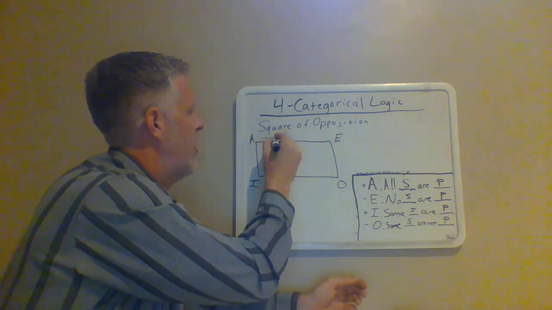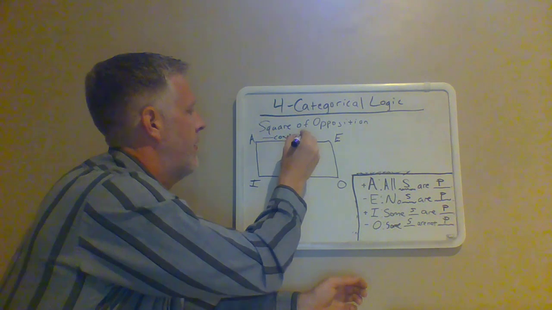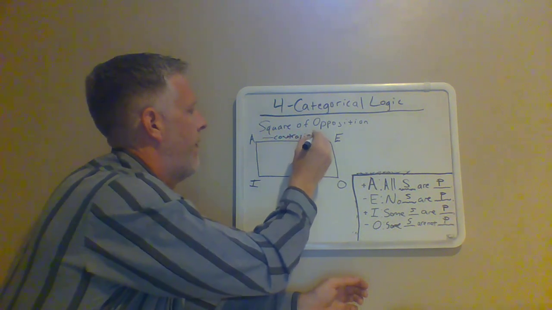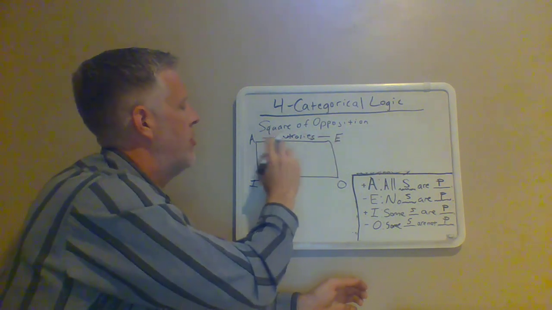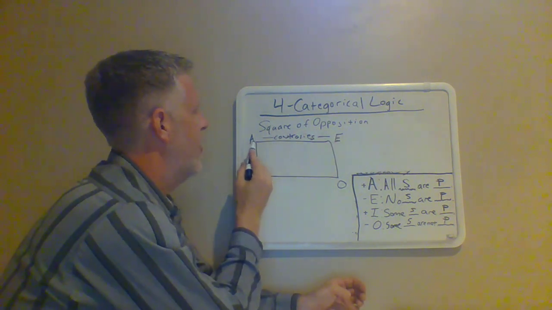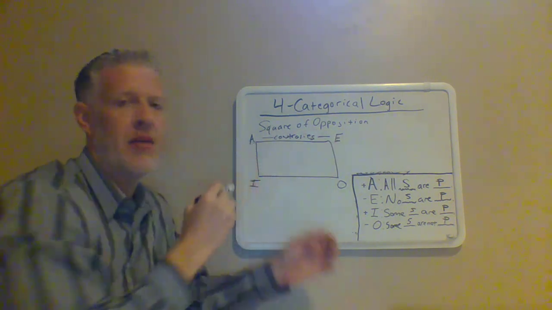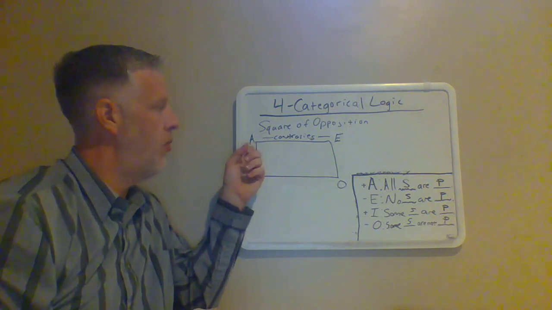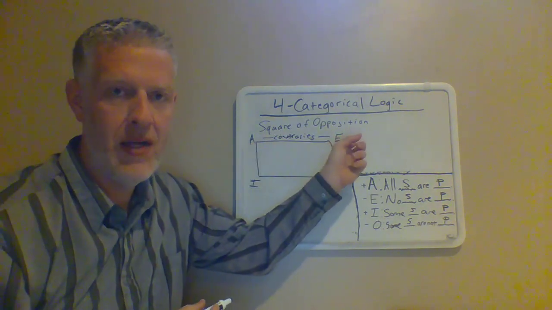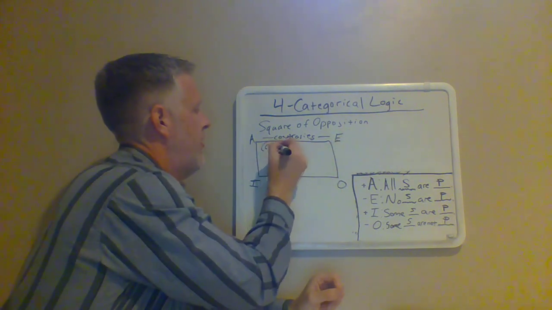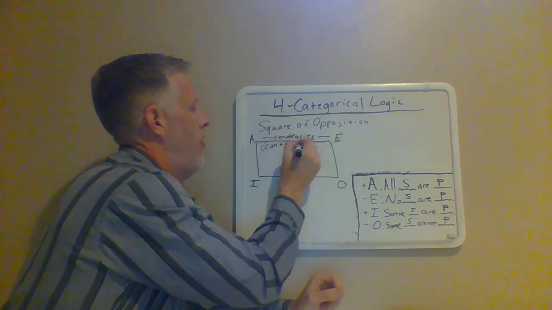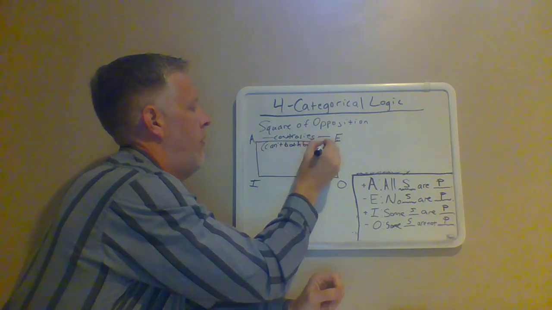So these are called, for example, the contraries. The idea here is these can't both be true. So if all cats are animals is true, then we know that no cats are animals can't also be true. They can't both be true.